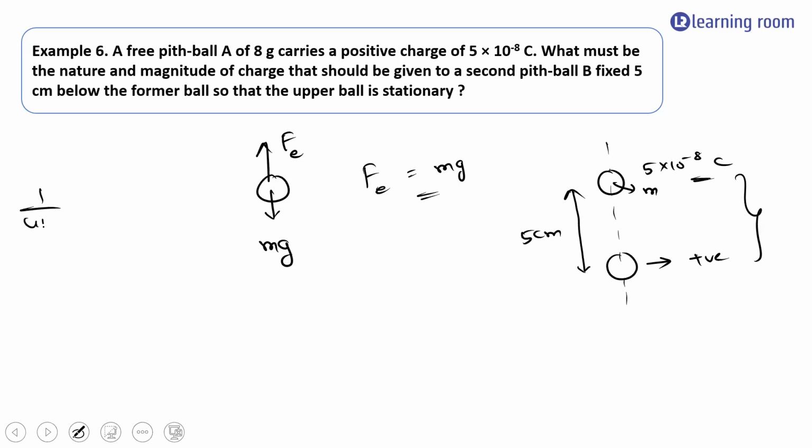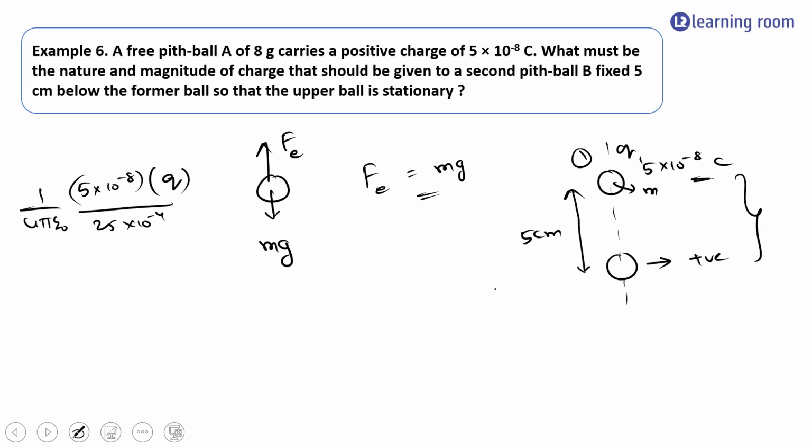1 divided by 4 pi epsilon naught into 5 into 10 power minus 8, that is Q1. If I take this to be the first charge, Q1 is 5 into 10 power minus 8. And what about Q2, guys? That's what we need to find. The whole divided by what is going to be the distance square? 25 into 10 power minus 4.